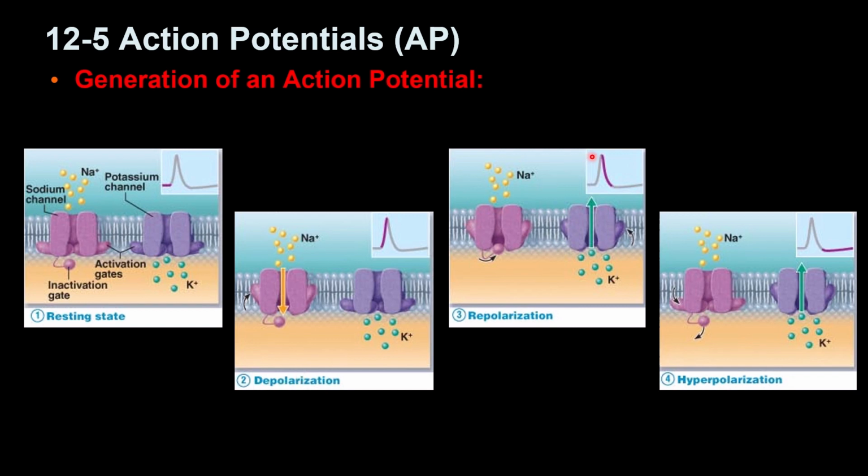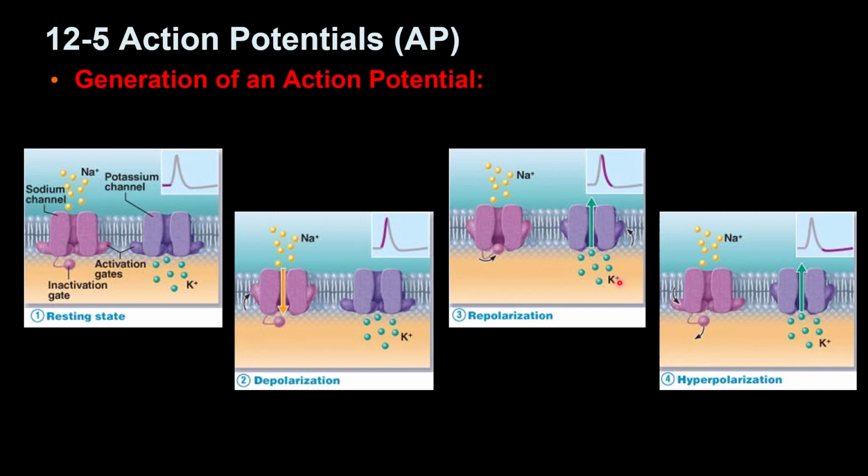Once it reaches positive 30 millivolts, the inactivation gate now closes. The activation gate is still open, but this prevents further movement of ions into the cell, so the cell cannot become more positive because no more sodium enters. But now the activation gate of the potassium opens, and potassium leaves the cell.